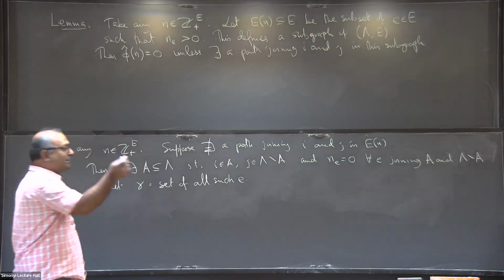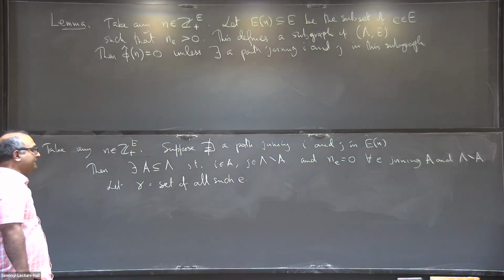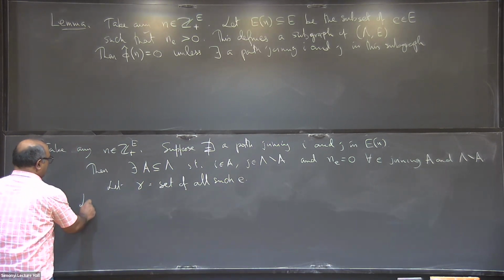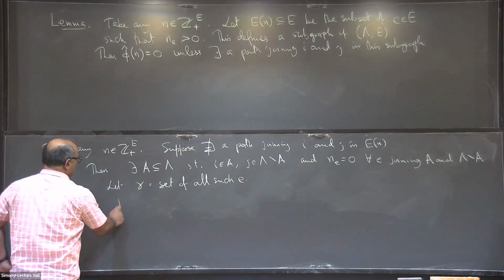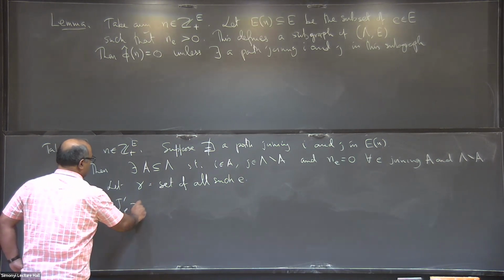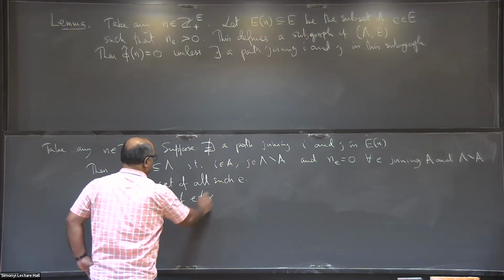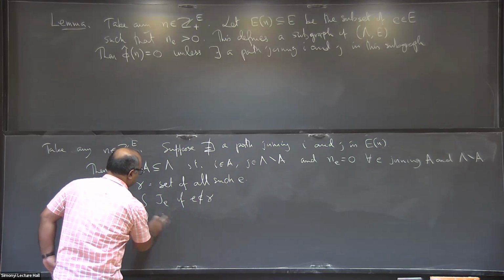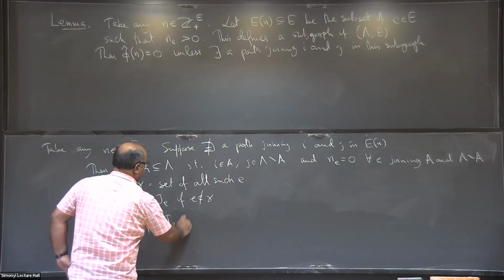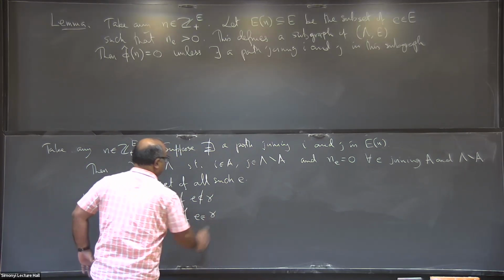Let gamma equal the set of all such e which join A to A complement. Let's define a new environment, J prime of e equals J_e if e is not in gamma, and minus J_e if e is in gamma.